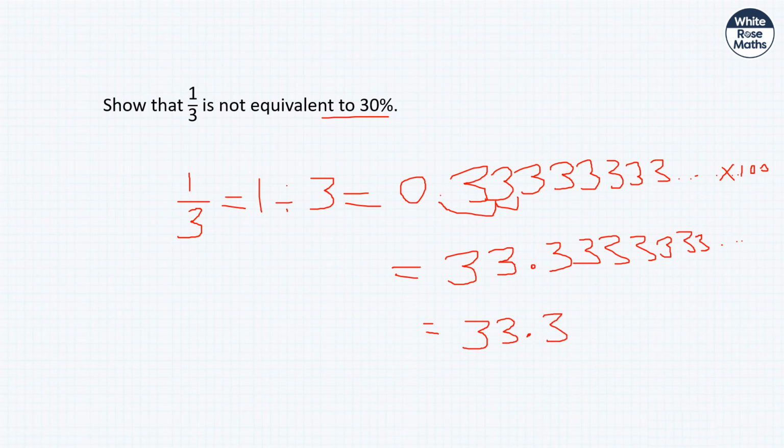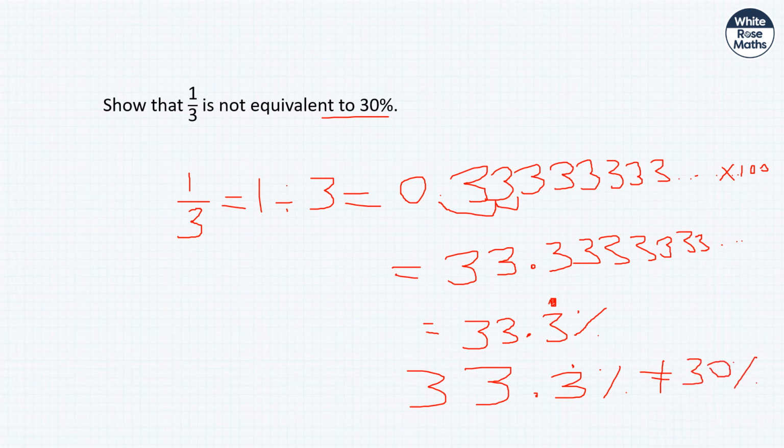So it's 33.3 recurring, and I denote that with a dot to show that it's repeating, or recurring percent. That's clearly not equal to 30%. It's close to it, but it's not equal to it. It has to be equal, so that's not equal to 30%.